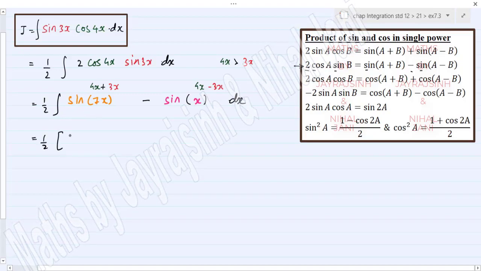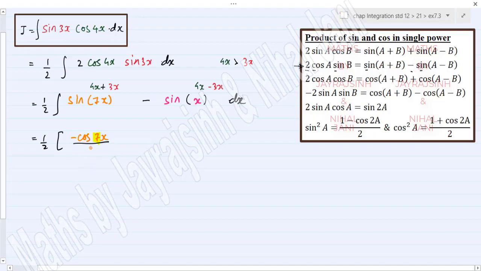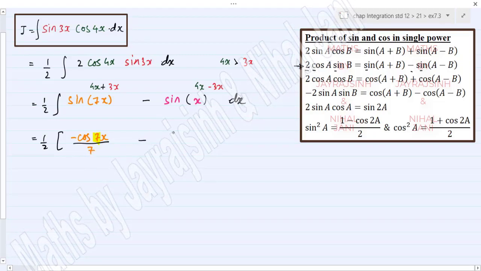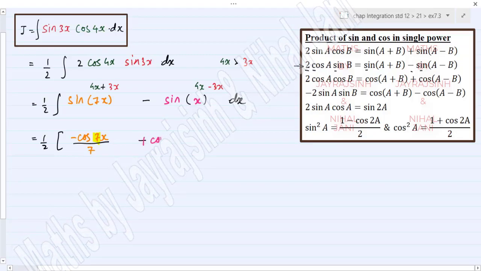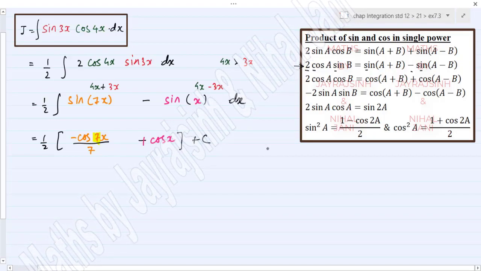Integration of sine 7x will be minus cos 7x upon coefficient of x, or we can say 7, minus integration of sine x will be minus cos x, or we can say minus minus becomes plus cos x, plus c. Ta-da!